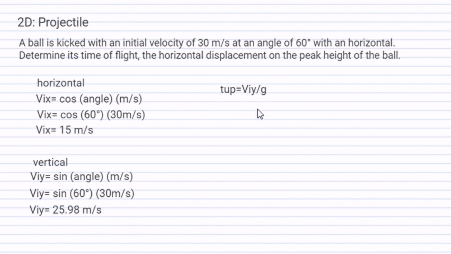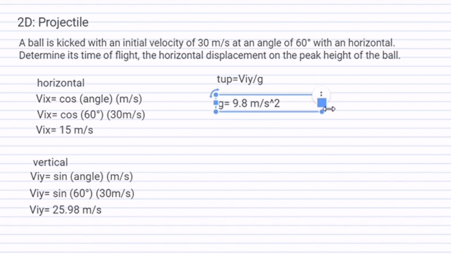So what's the value of the gravity? It is 9.8 meters per second squared. So it is like this.